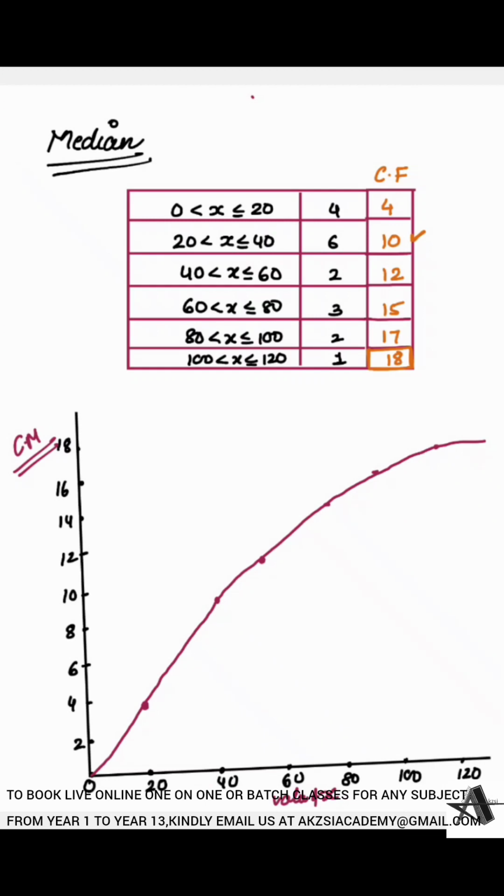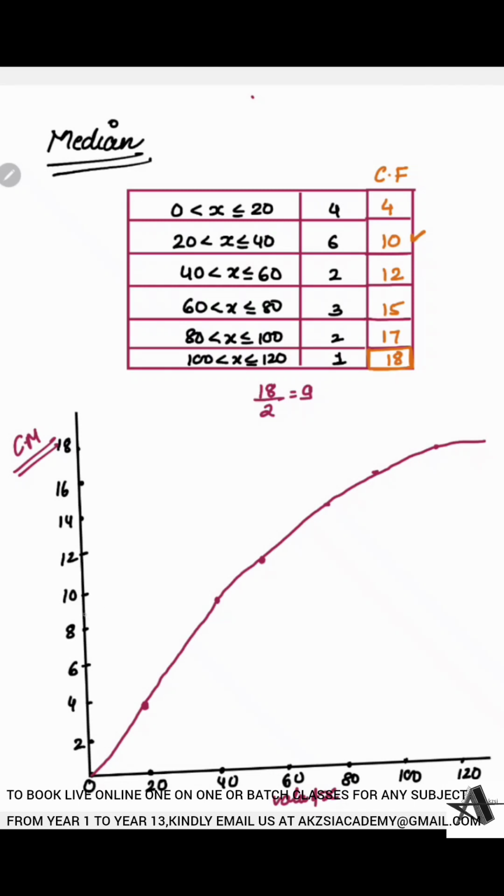Once you have a cumulative frequency curve, it's very easy to find the median. All you need to do is take the cumulative frequency, 18, divided by 2, because you are finding the median. Median is half, so half of 18 is 9.